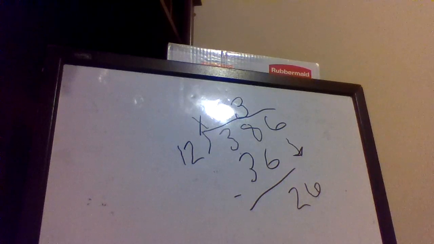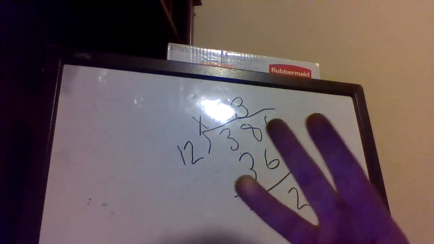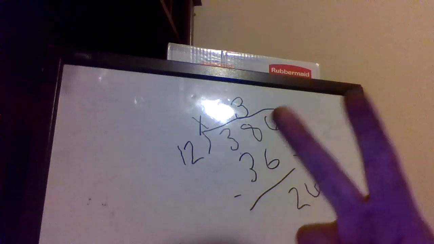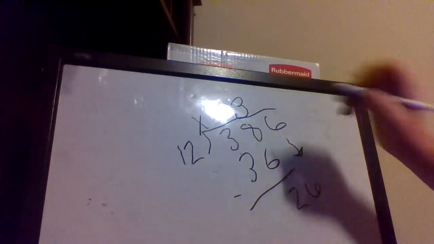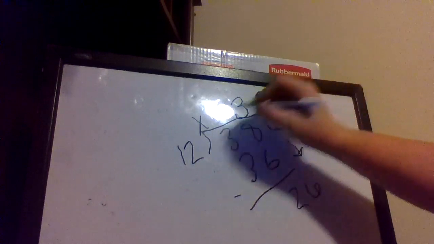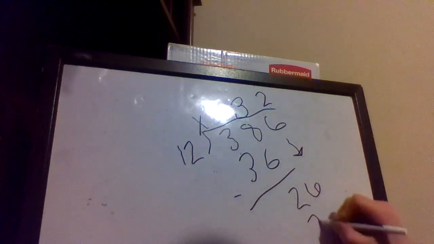Okay, so once again, we do 12 times 1 is 12. 12 times 2 is 24. 12 times 3 is 36. 36 is too big, so we have to take that 1 away. So 12 times 2 will give us 24.